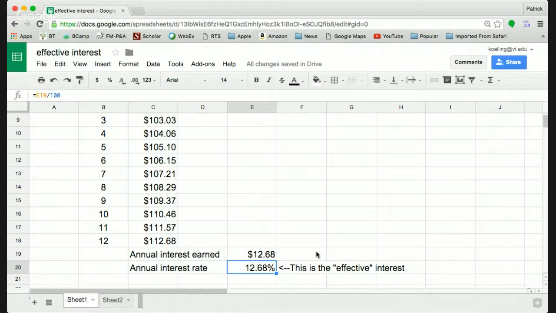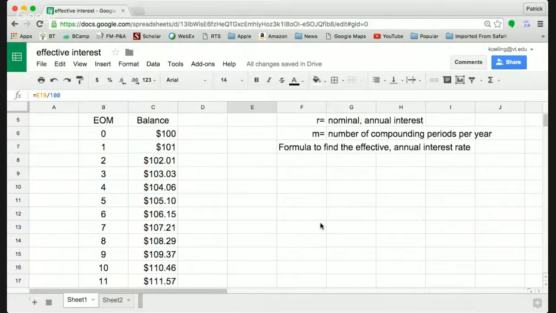So if our cash flows were annual, and we said it was a nominal interest rate of 12% compounded monthly, then to solve our problem we would use, for the annual cash flows, an interest rate of 12.68% instead of 12%.